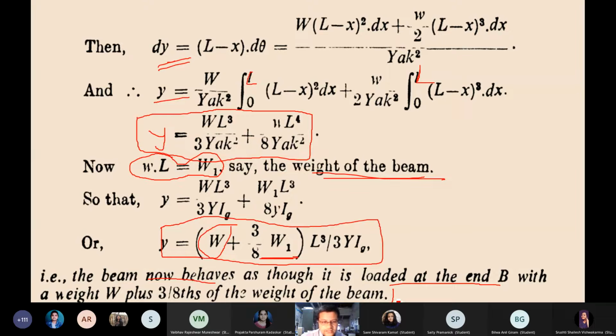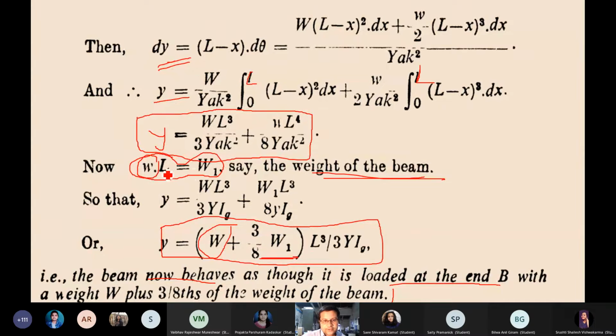So the total weight we consider over here is small w, so you have to clearly understand what the small w is, and capital W. Capital W is the weight we are putting, and small w is basically the center of gravity of that bended portion that we consider, which acts over the average length, and that's why small w comes over here.